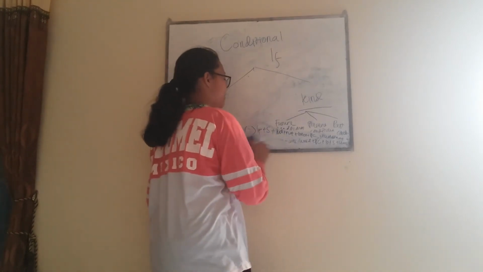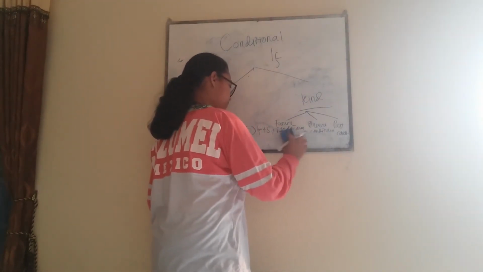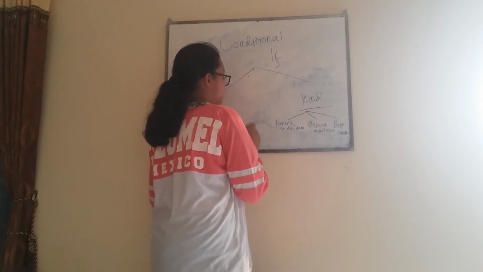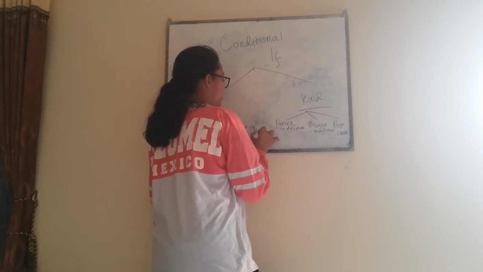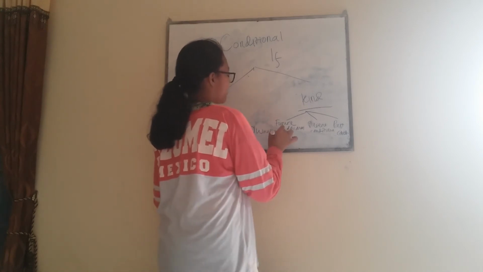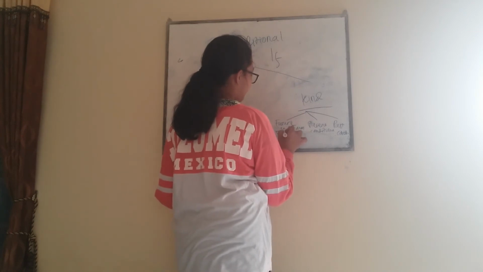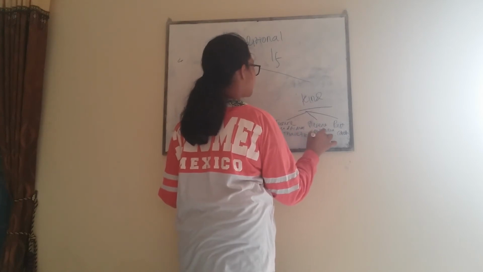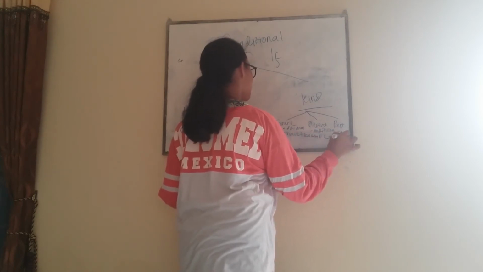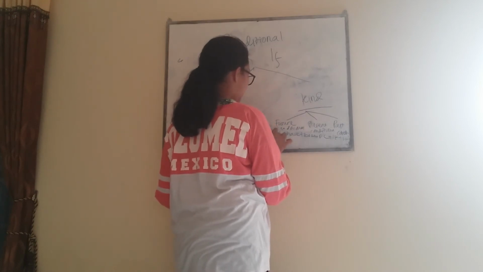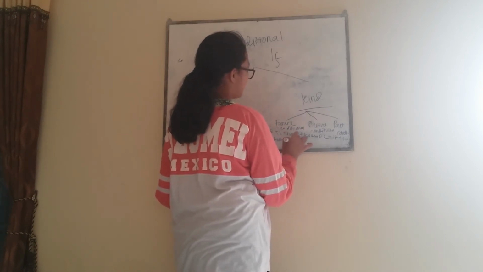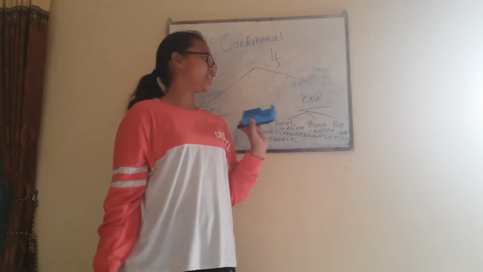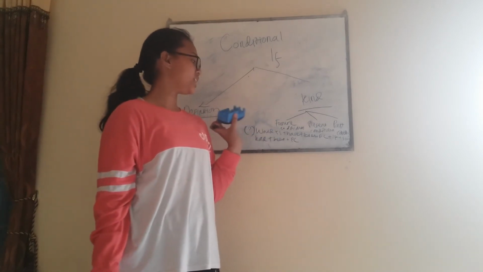And now we go to the interrogative pattern. The interrogative pattern is would plus subject plus have plus been plus predicate complement plus if plus subject plus had plus been plus predicate complement. For example, would they have been happy if Rini had been rich?